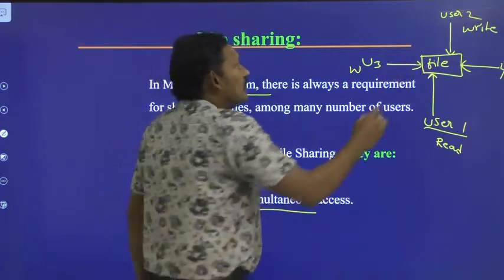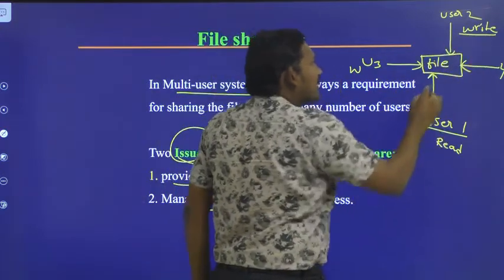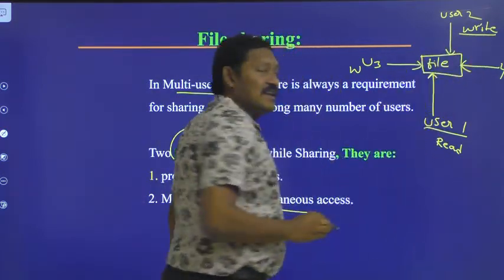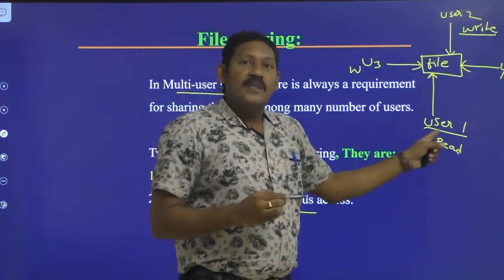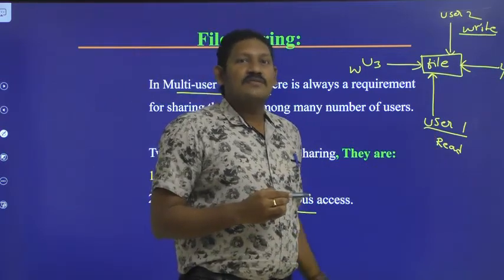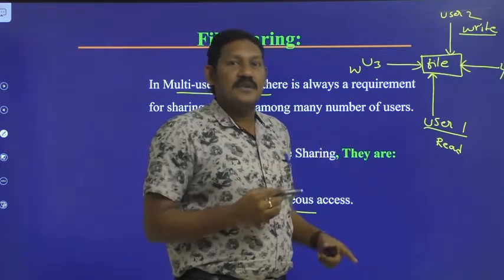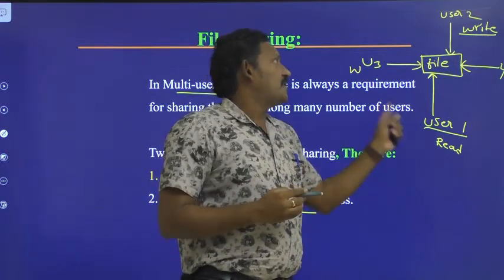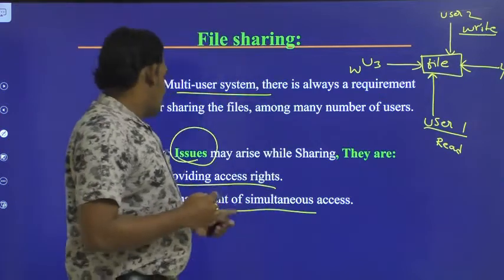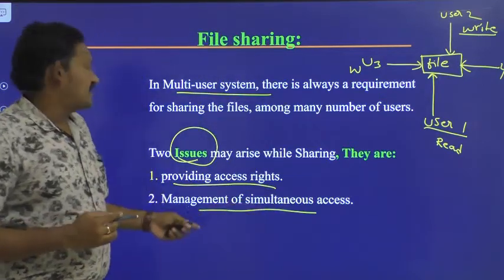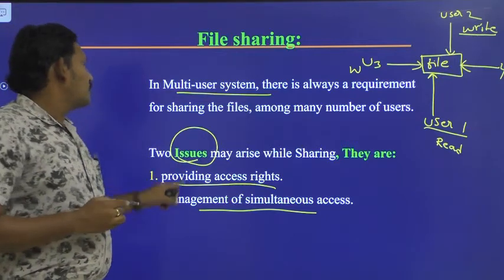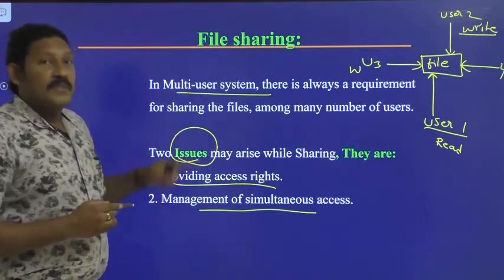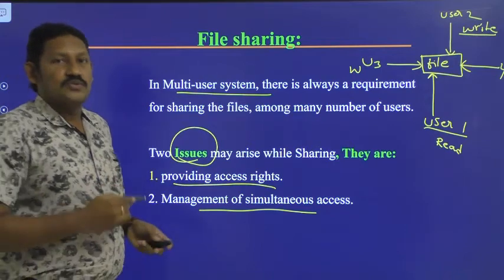After the write operation, the data present in that file will be different from the data which was read by user 1. So a mismatch takes place, and an error may take place. That is why we have to manage simultaneous access. So these are the two issues that arise when a file is shared between multiple users.